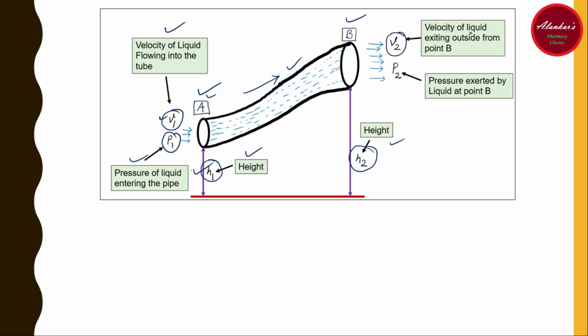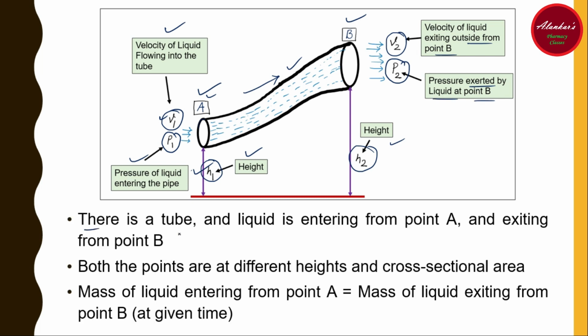Similarly, V2 is the velocity of the liquid exiting from point B, and P2 is the pressure exerted by the liquid at point B. There is a tube, the liquid is entering from point A and exiting from point B. Both points are at different heights and cross-sectional areas, which we have already discussed. Now the mass of the liquid entering from point A is equal to the mass of the liquid exiting from point B at a given time.